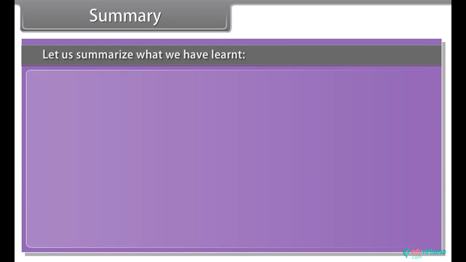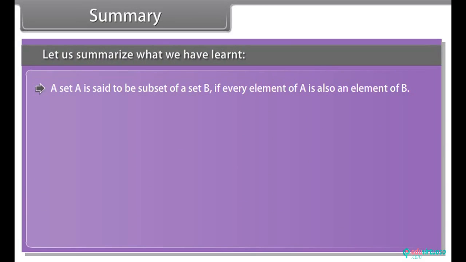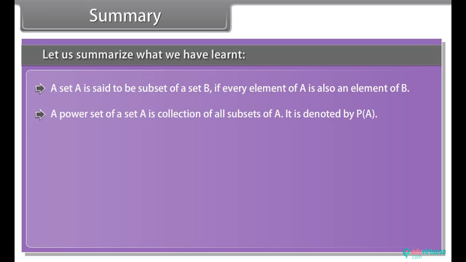Let us summarize what we have learned. A set A is said to be a subset of a set B if every element of A is also an element of B. A power set of a set A is the collection of all subsets of A. It is denoted by P(A).